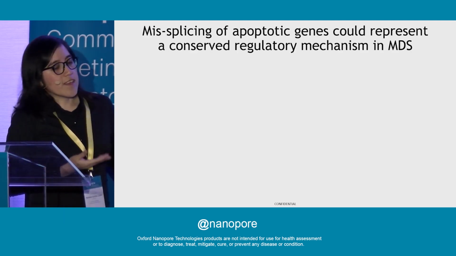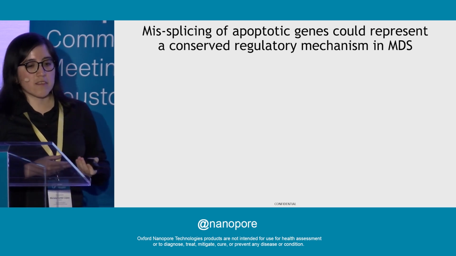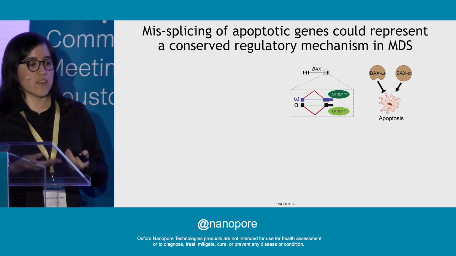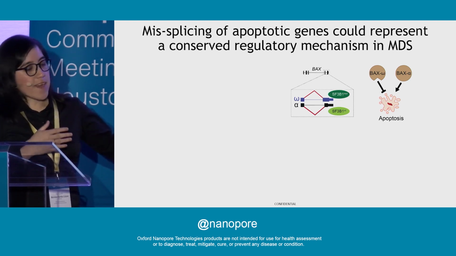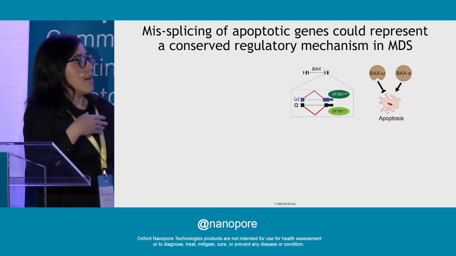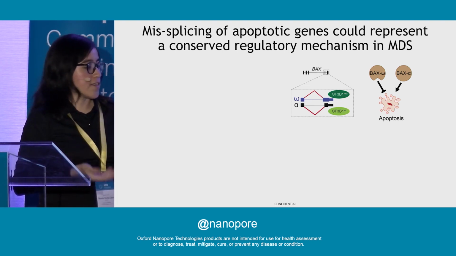One interesting example of this is a gene known as BAX, which is particularly involved in the apoptosis of cells. In particular, BAX has a duality, where different isoforms have different, contrasting functions.